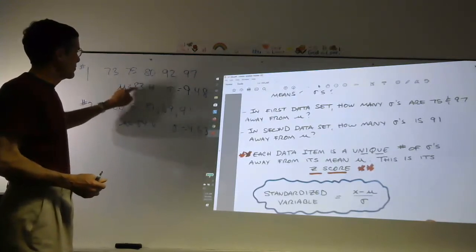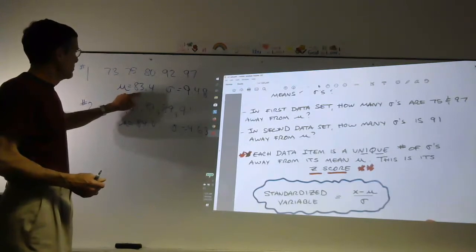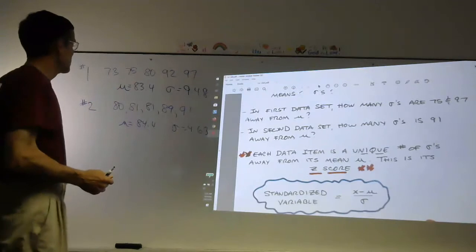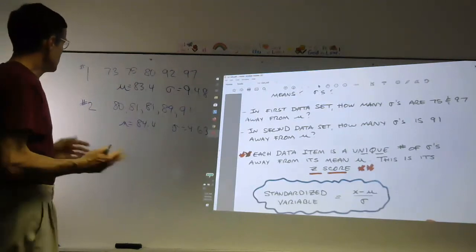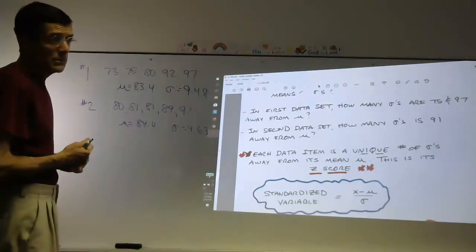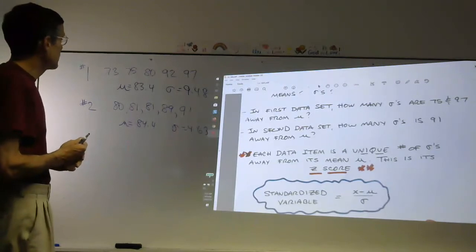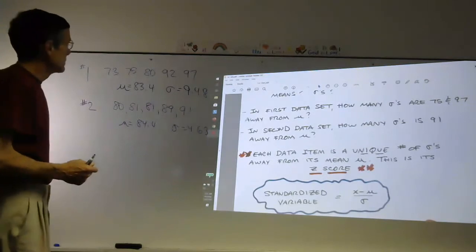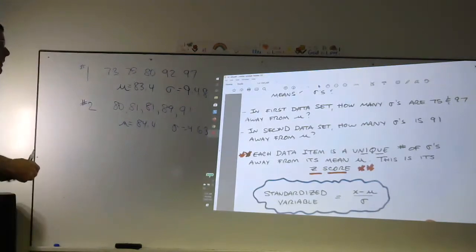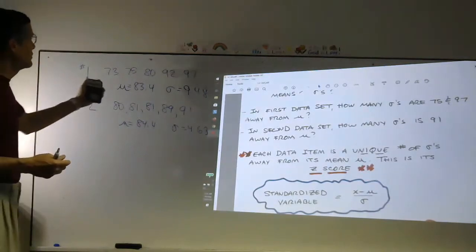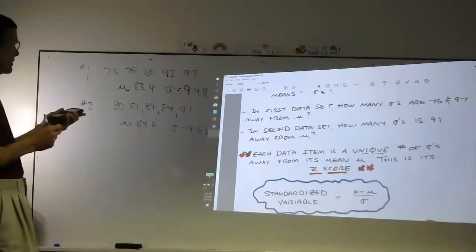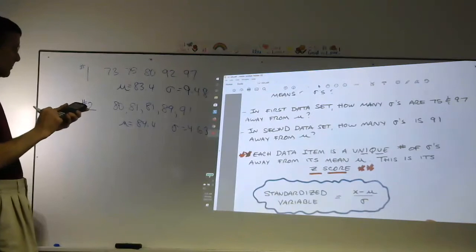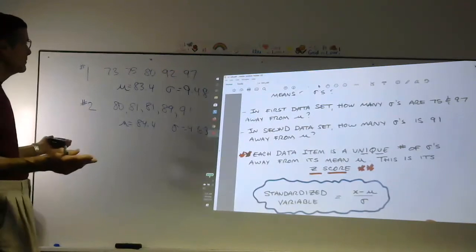The total distance between these two would be 75 minus 83.4, which is negative 8.4, right? That's not even a whole standard deviation away. So how many standard deviations is 75 away from the mean? I take 75 minus 83.4, which is negative 8.4.